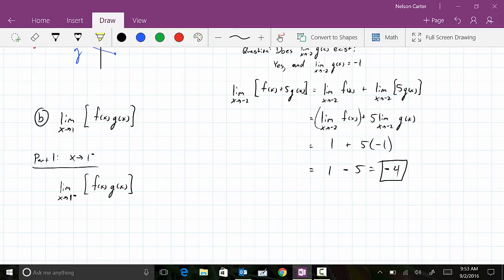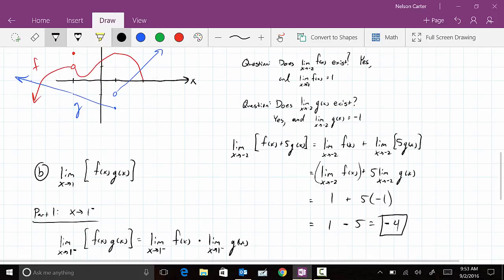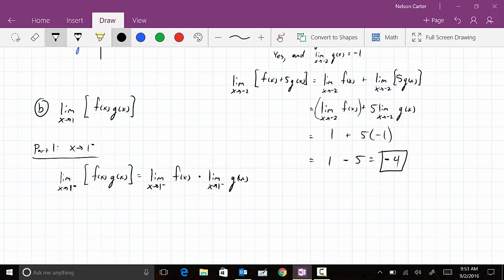Okay, so we're going to break this into two parts. The limit as x approaches 1 from the left of the product f times g. Well, that's going to be the limit as x approaches 1 from the left of f of x times the limit as x approaches 1 from the left of g of x. And remember, we can only do this because these limits exist. You can look at them very quickly and tell that they exist.